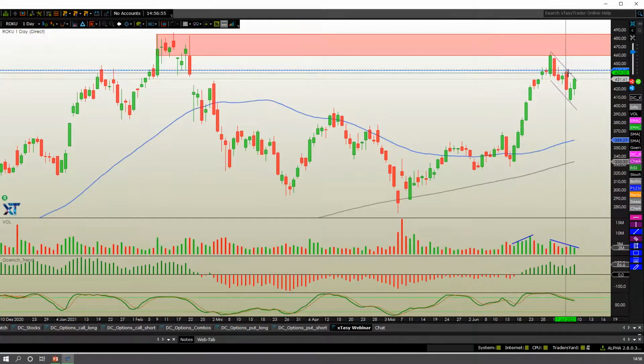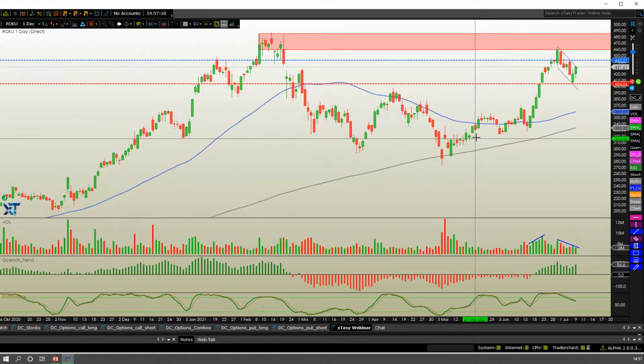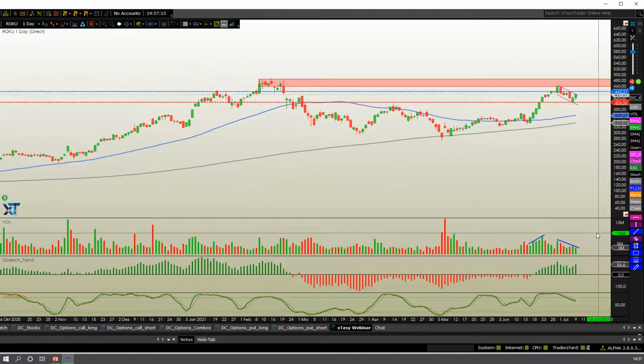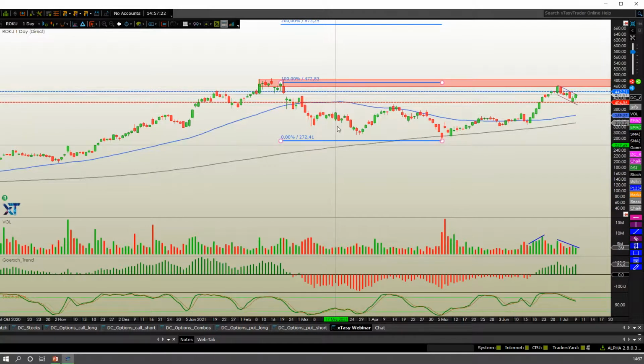If you're a little bit more careful, you could wait until this high is taken out, like 442. And in terms of stops, you could place your stop somewhere below this flag. Target levels, well, if we take a look at what we just did, just measure the last retracement, and then take a look to the upside. This retracement to the upside, where would we land?